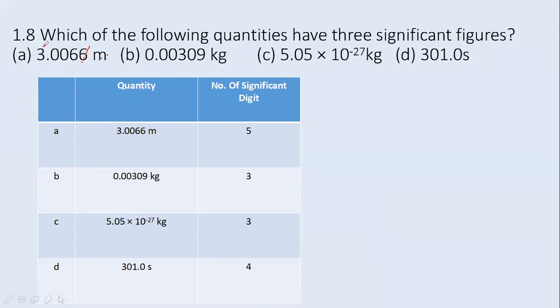According to the first rule, all nonzero numbers are significant. And the second rule is that a zero between two significant figures is significant. So significant, significant, significant, significant. So the total number of significant figures is 5 in this case.